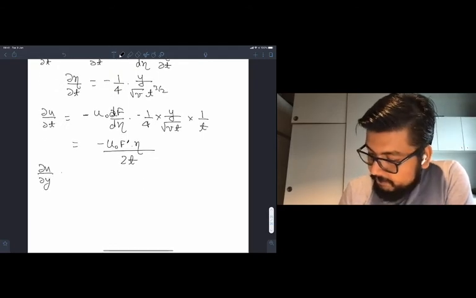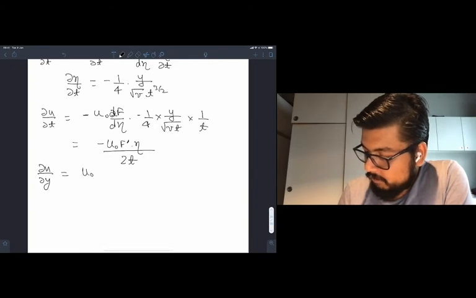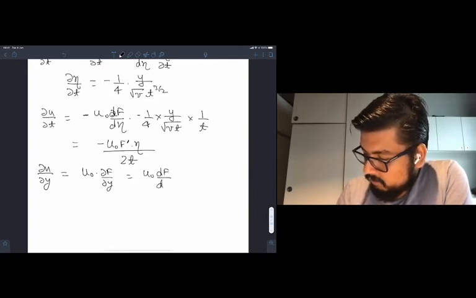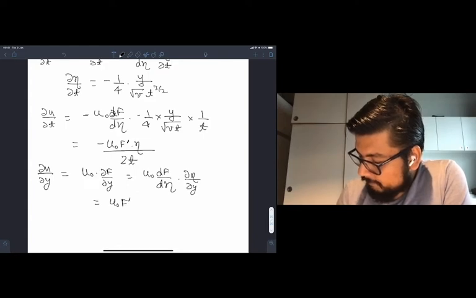Now del u by del y is nothing but u naught times del f by del y, which can be simply written as u naught times df by d eta times del eta by del y, which is u naught f prime, 1 upon square root nu t.